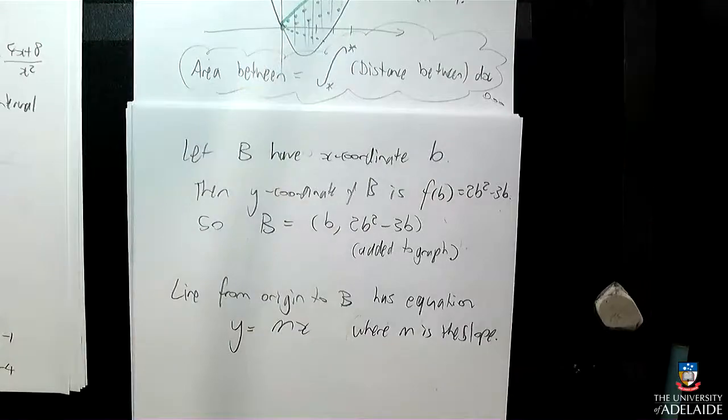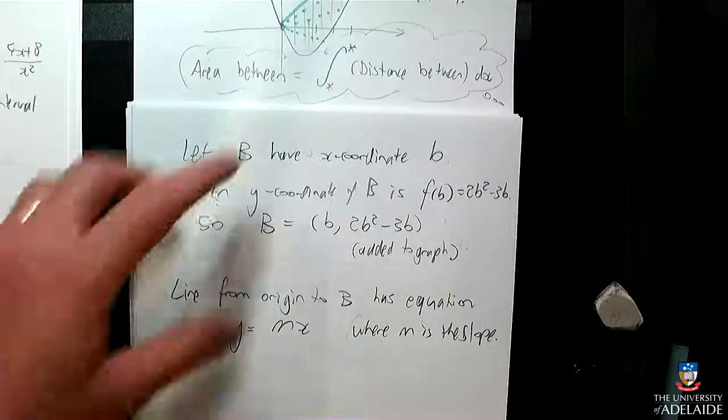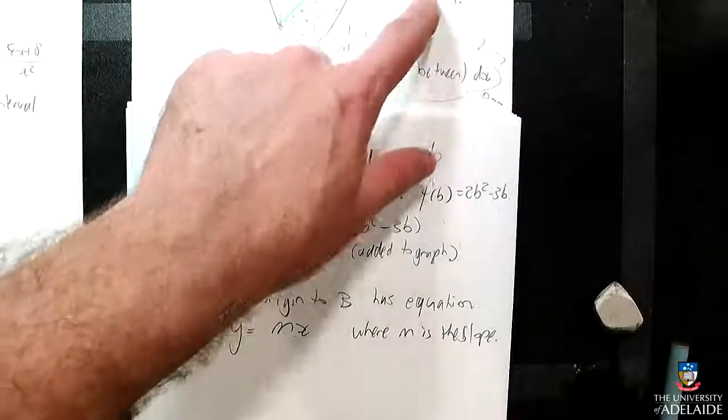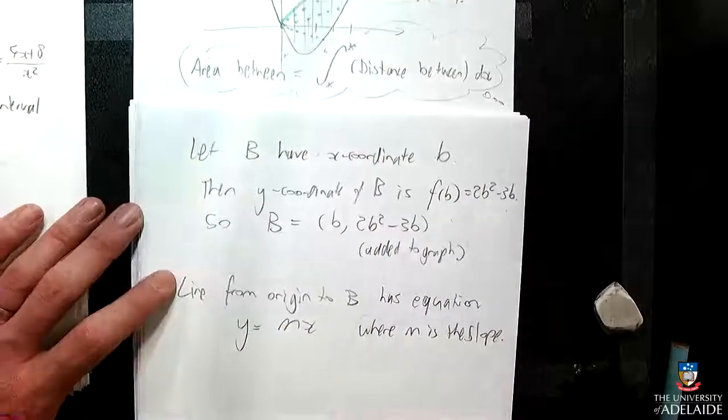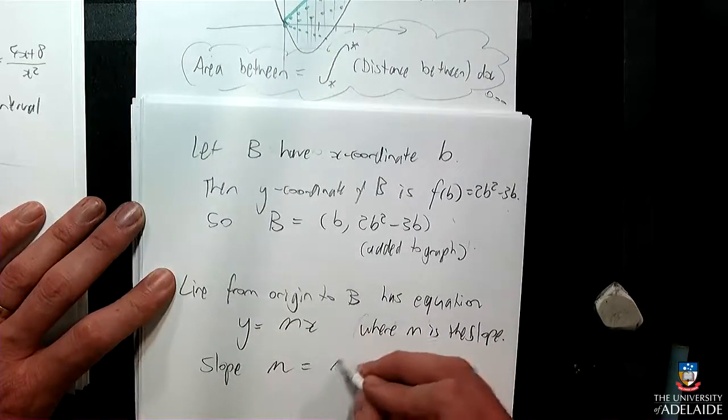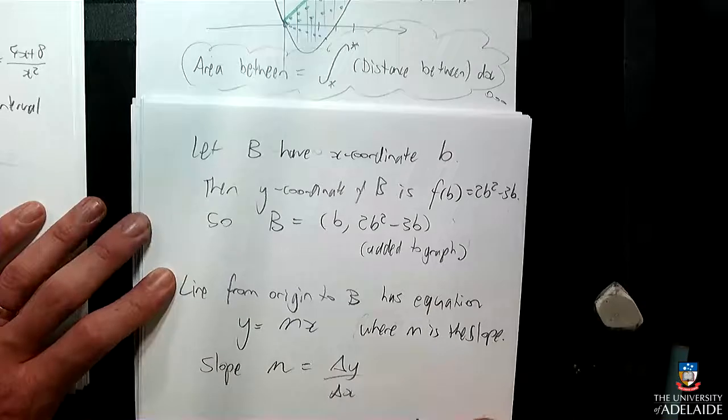So I need to figure out the slope, and the slope should be the change in y divided by the change in x.